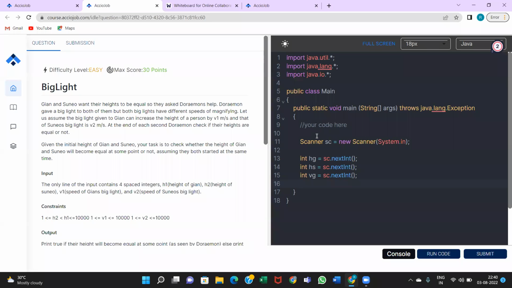If that is the case, there is some time period where at that t point of time the height will become the same. Are you getting the logic, Aditya? Why I didn't go for the float value? Yes, same time, exactly. Let me write the code and I'll run it for you guys. Even then, if you're not able to understand, I'll explain it again.